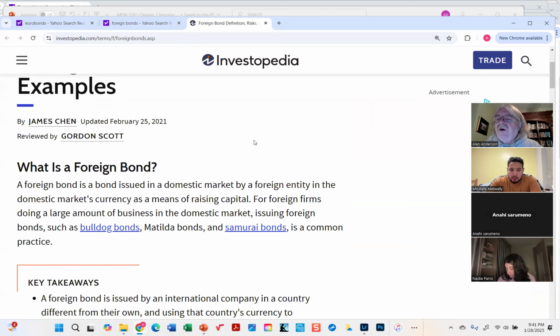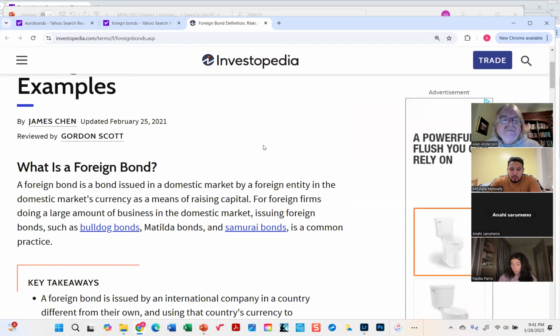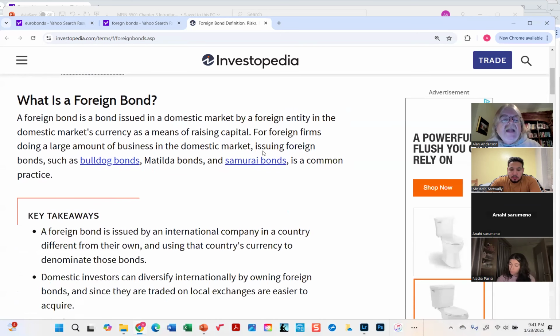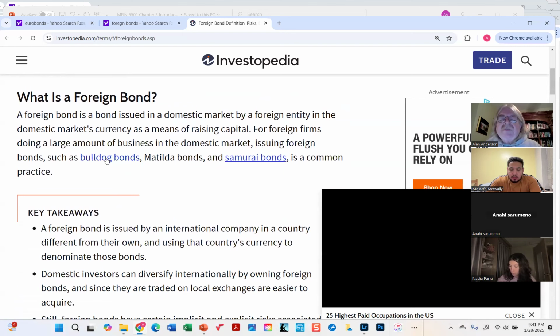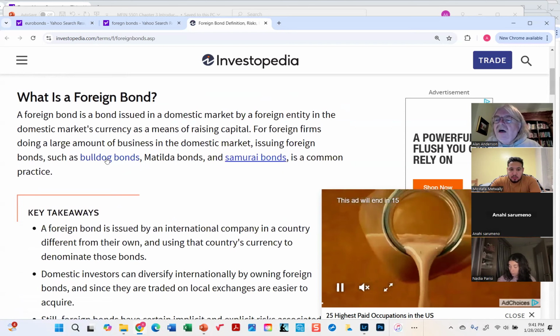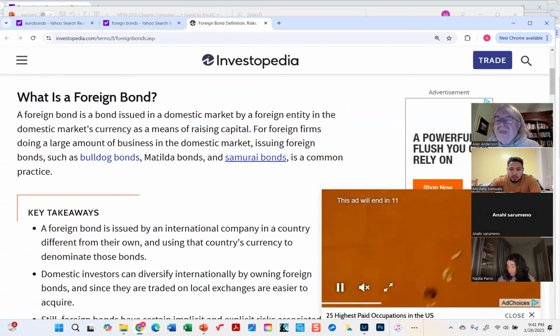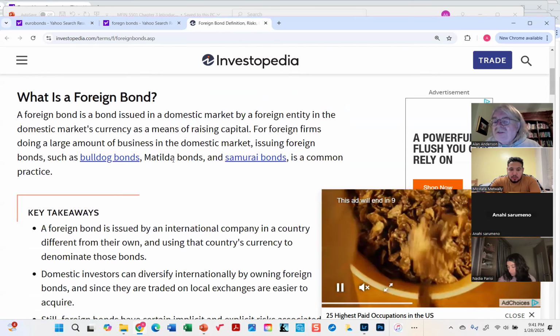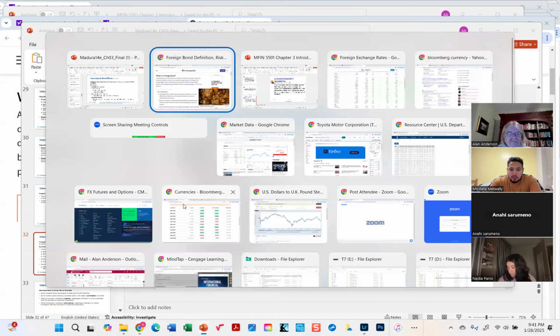Then it's known as a foreign bond because it's a foreign company. And what's funny is they all have very interesting names. For example, Bulldog bonds are dollar bonds issued in the US by British companies. Matilda, I believe, is Australia, and Samurai is Japan. So let's add that to our list here.